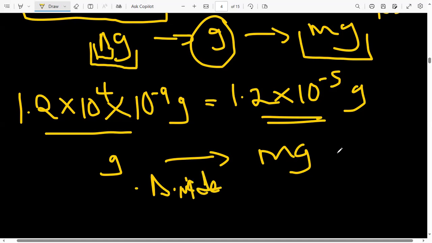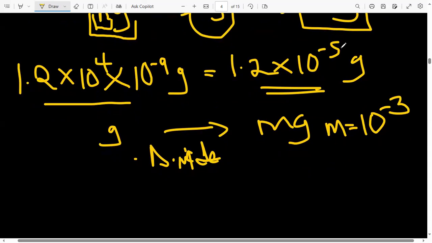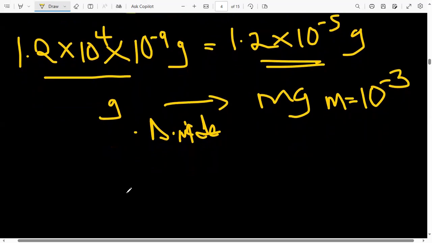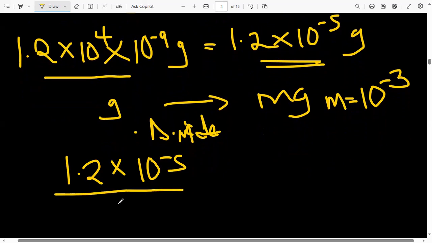So what is the prefix here? It's just this milli, and you know that milli is 10 to the power minus 3. So we are going to divide this expression here by this 10 to the power minus 3. So we are going to say 1.2 multiplied by 10 to the power minus 5, and then I'm going to divide this by 10 to the power minus 3.